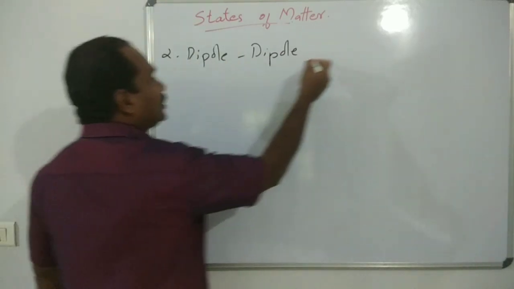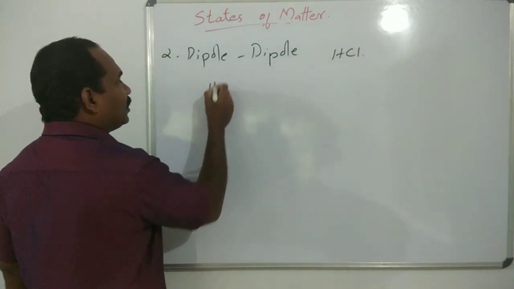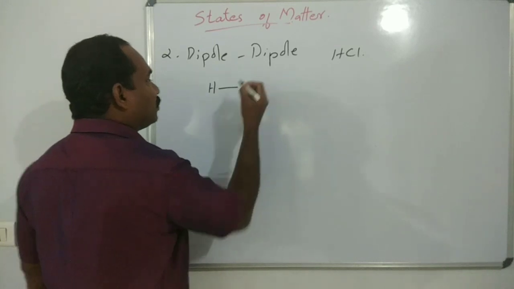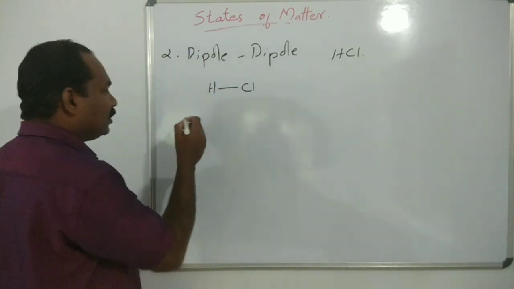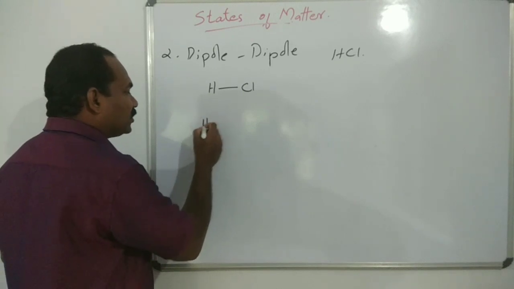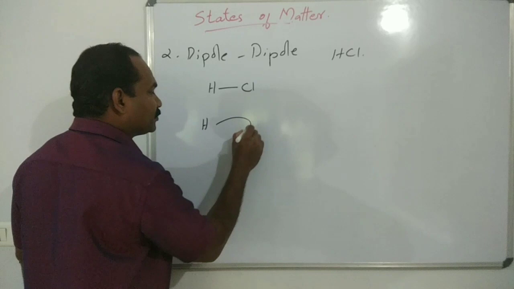Let's take HCl as an example. In HCl, the hydrogen is covalently bonded with the chlorine atom, and the electron density is shifted towards the chlorine atom.